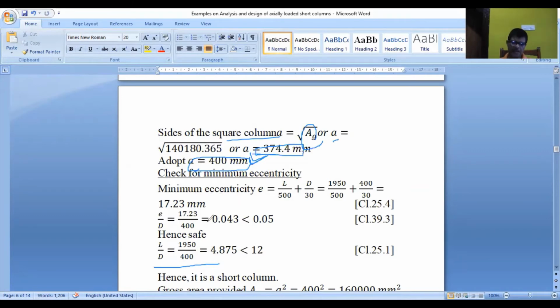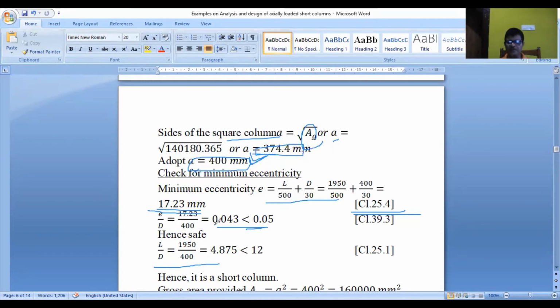Okay. So for minimum eccentricity, you go to your clause number 25.4. Now L by 500, that is 1950, plus D by 30, so that will give you 17.23. So this value is less than 0.05. So E by D, or E is less than 0.05 D, or E by D less than 0.05.